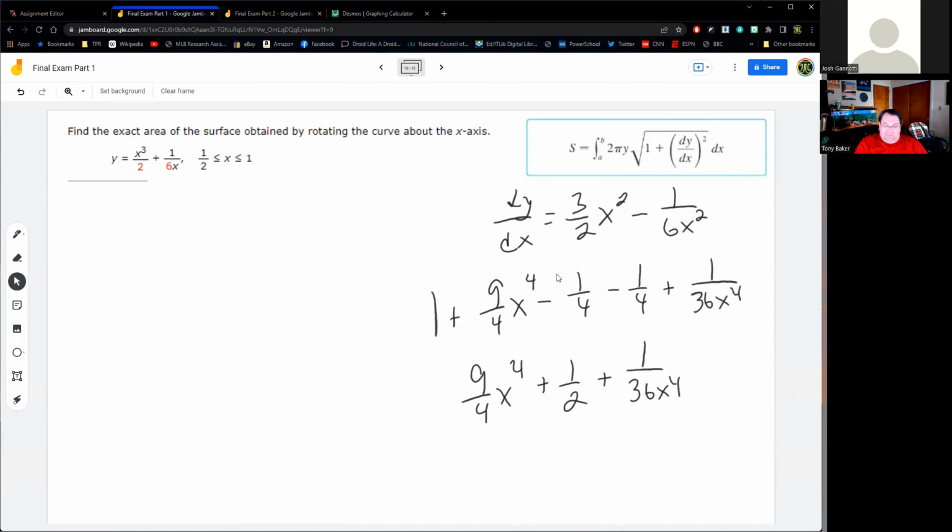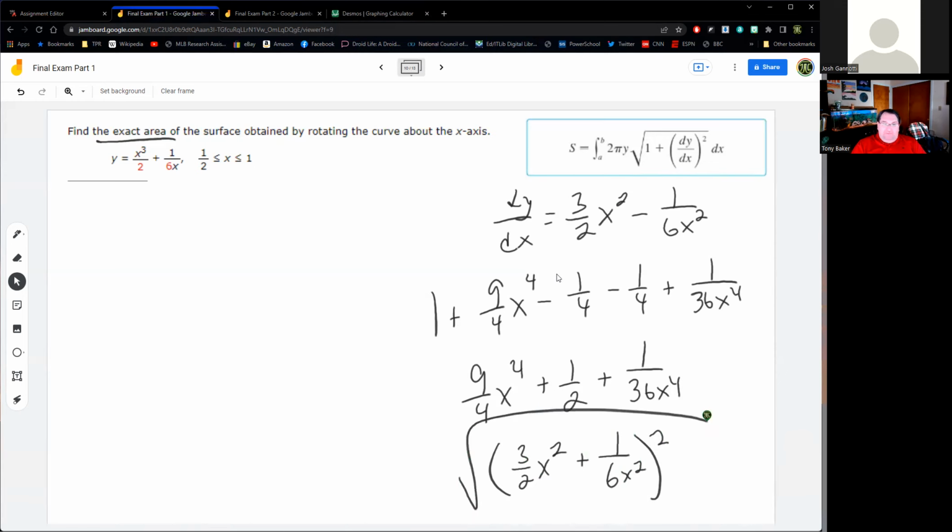Now, since this says we're looking for the exact area, you know this has got to work out. So there's got to be a perfect square for this one. So this one ends up being 3/2 x squared plus 1/6 x squared. And then we do the square root.